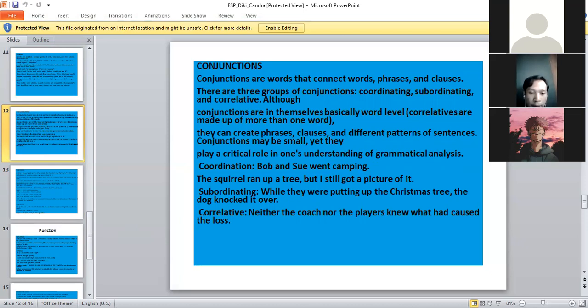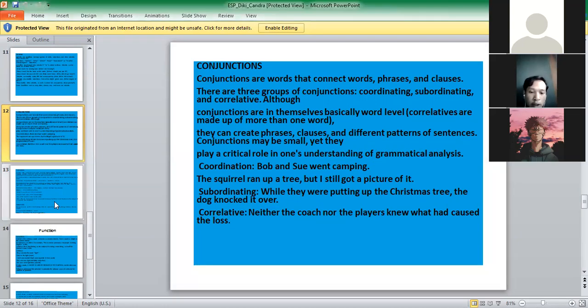They play a critical role in one's understanding of grammatical analysis. Coordination: Bob and Sue went camping. The squirrel ran up a tree, but I still got a picture of it. Subordinating: While they were putting out the Christmas tree, the dog knocked it over. Correlative: Neither the coach nor the players knew what had caused the loss.